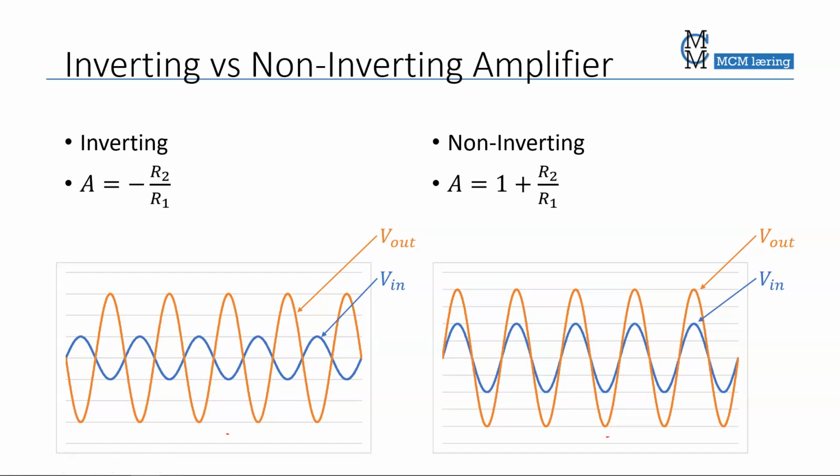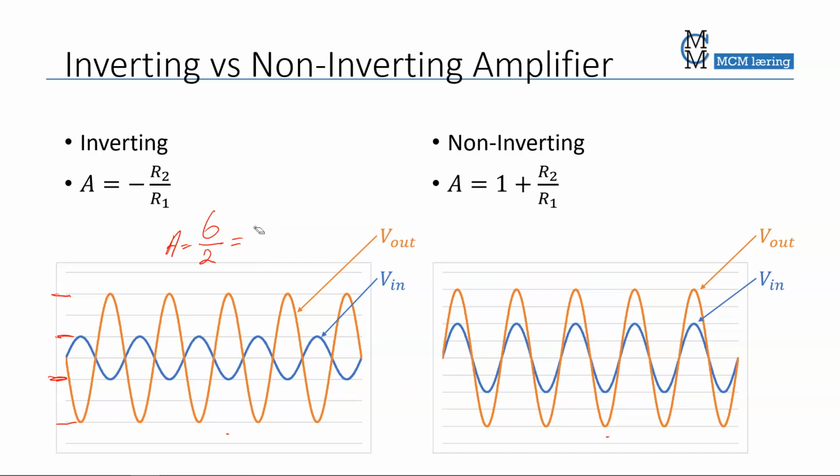If you see here in this example, it looks like the input signal stretches over 2 dividing lines, while the output signal stretches over 6 dividing lines. So the amplification is 6 lines over 2 lines, so it's 3, which means that the output signal is 3 times stronger than the input signal.